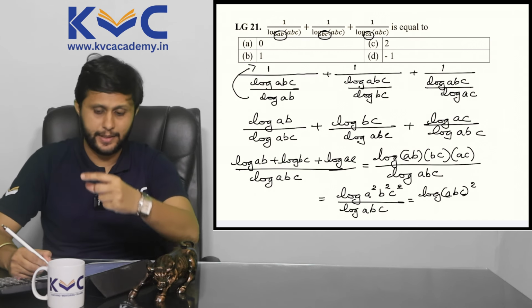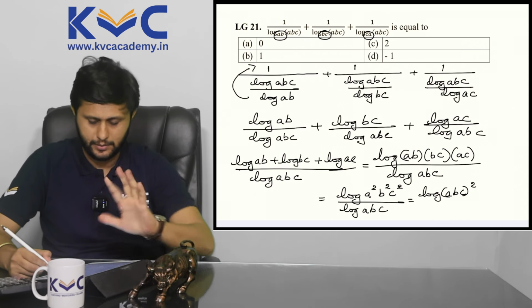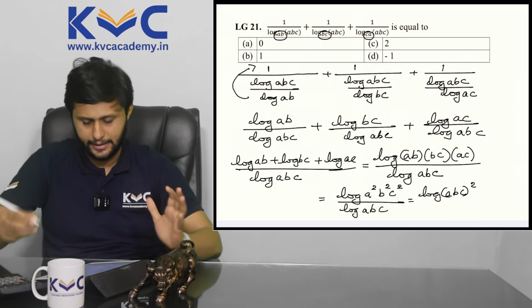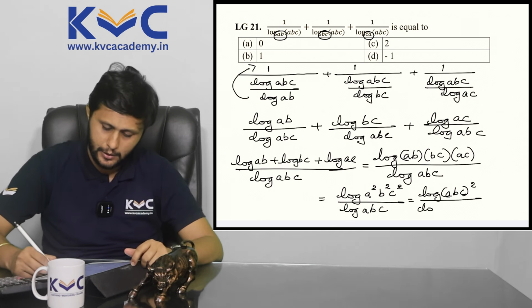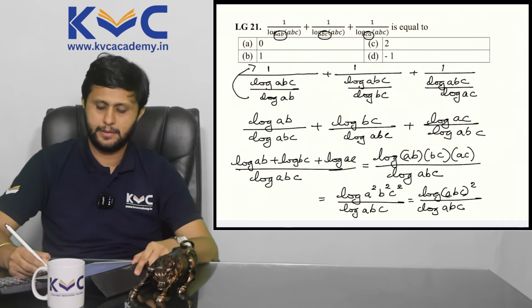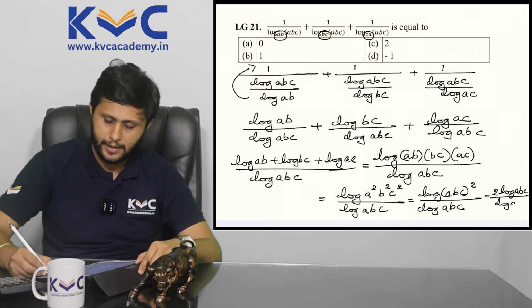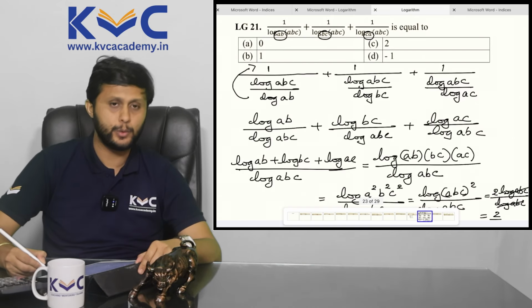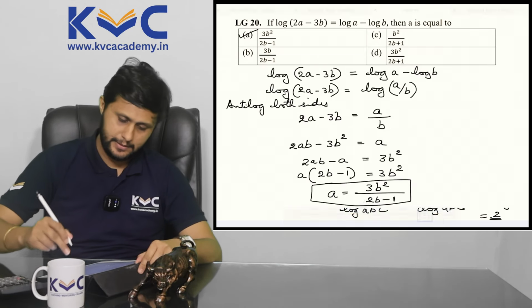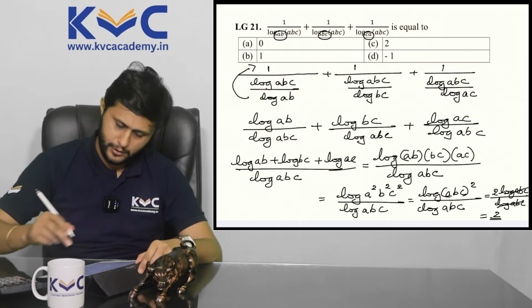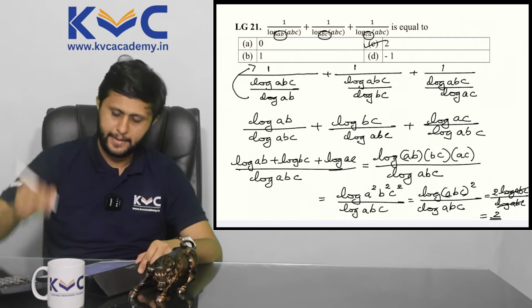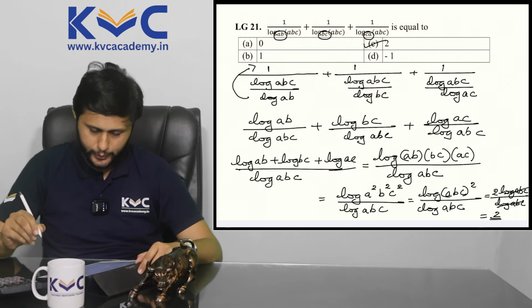Only for the ABC it is square, not for the entire logarithm, divided by log ABC. Get 2 outside, we have log ABC divided by log ABC. Everything cancels other than 2 and my answer is 2.